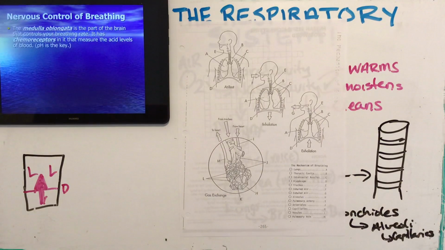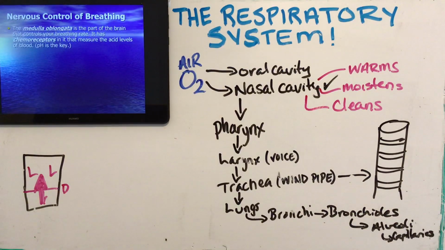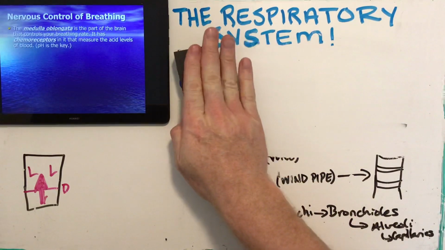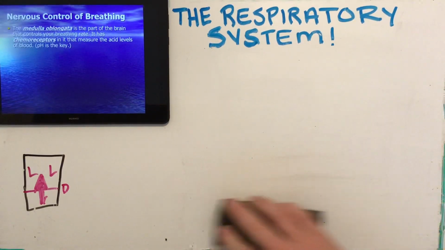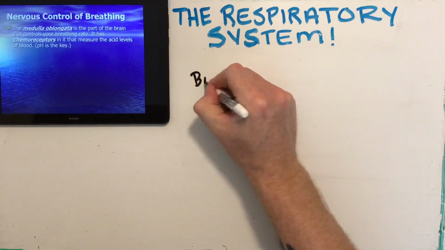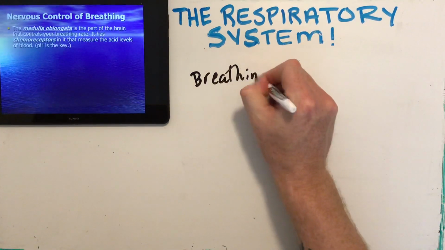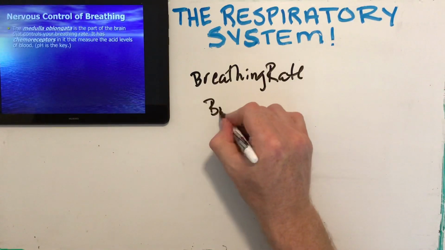Now the brain is in charge of all of this, but there's a very specific part of the brain. The part of the brain that looks after your breathing rate is called the medulla oblongata. All right? So what looks after breathing rate? Well, the brain does.